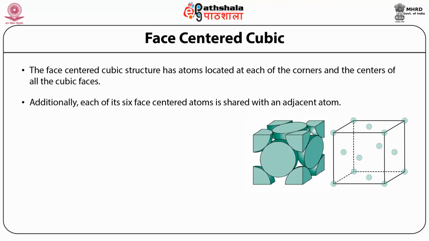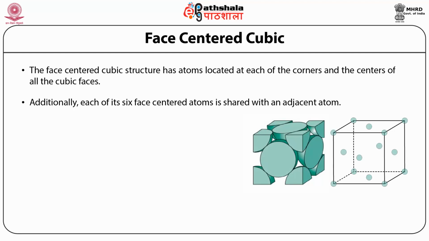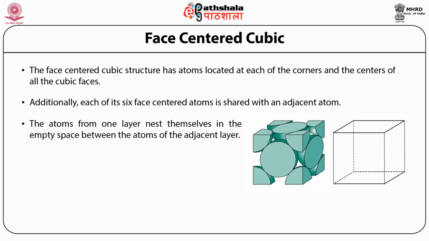In the FCC structure and the HCP structure, the atoms can pack closer together than they can in the BCC or other structures. The atoms from one layer nest themselves in the empty space between the atoms of the adjacent layer. To picture the packing arrangement, imagine a box filled with a layer of balls that are aligned in columns and rows.